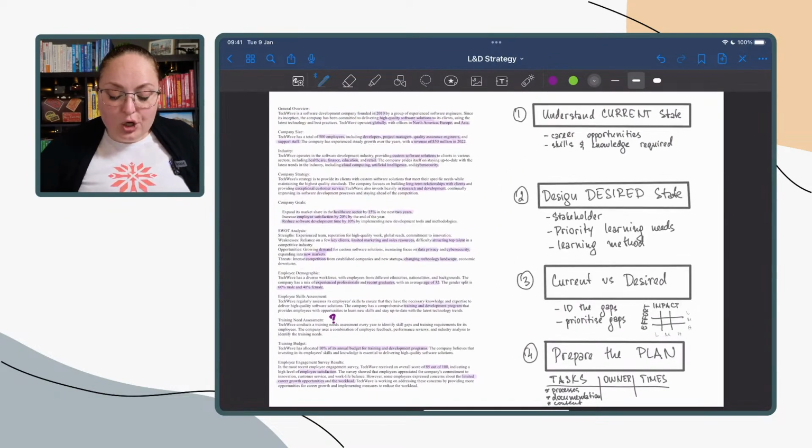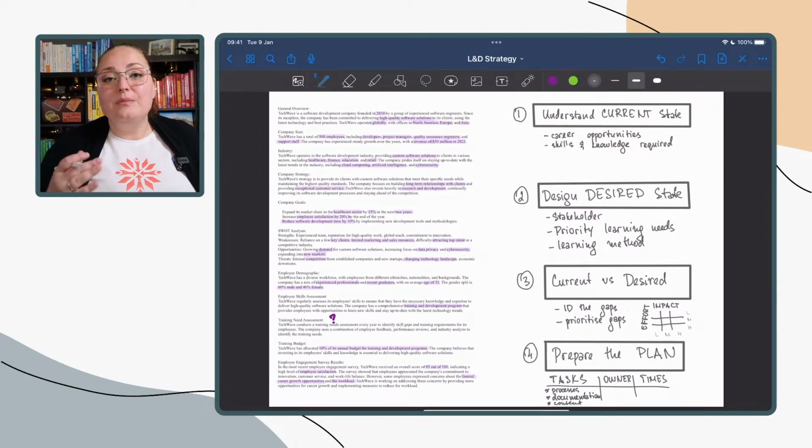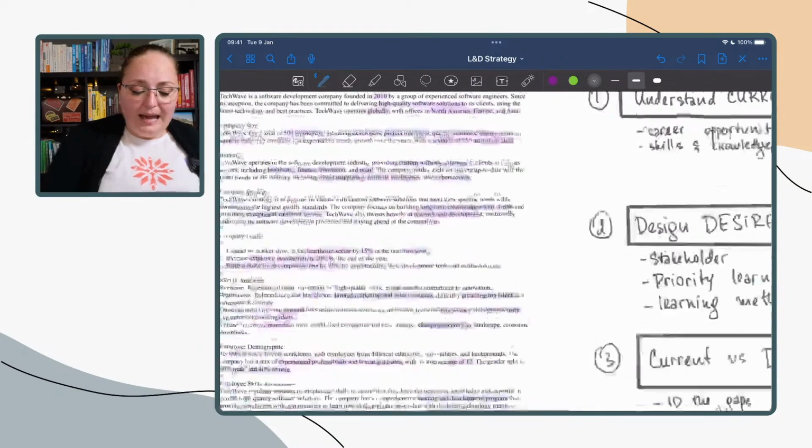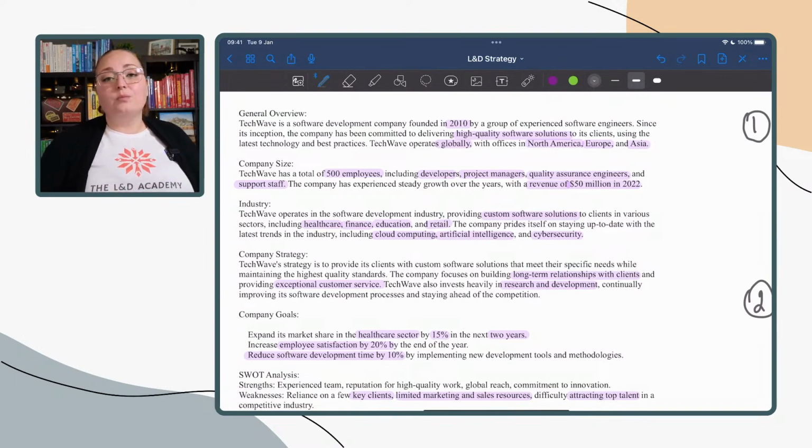So if we look at our brief here from ChatGPT, unfortunately, there are some missing pieces, but we understand that this is a company made up of young people. We have software engineers, project managers, quality assurance engineers, and support staff. So we need to be catering to these.